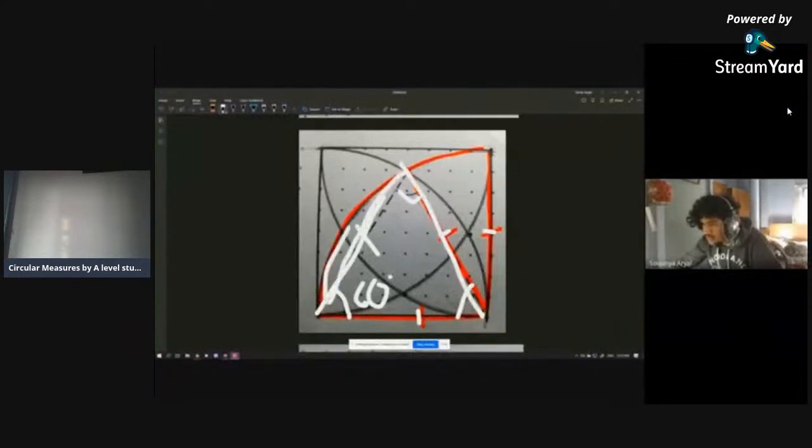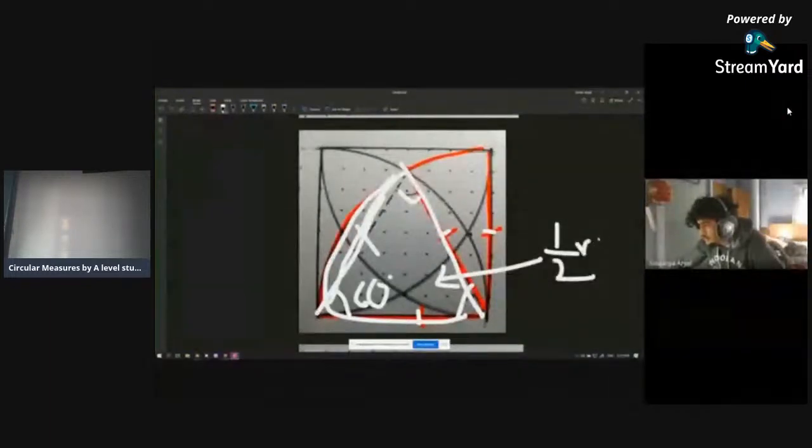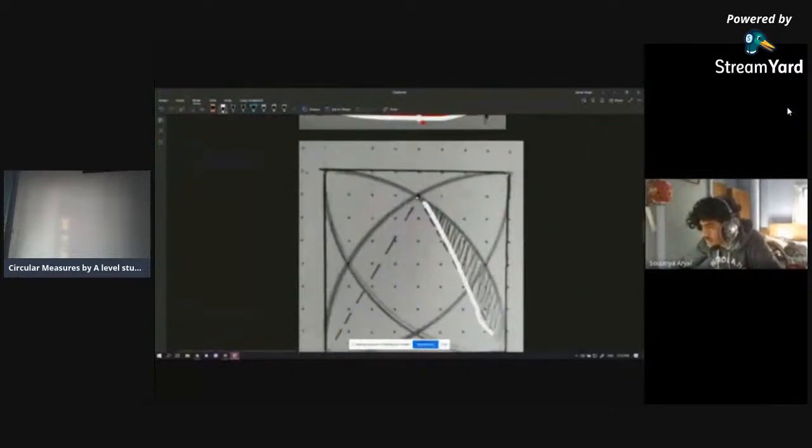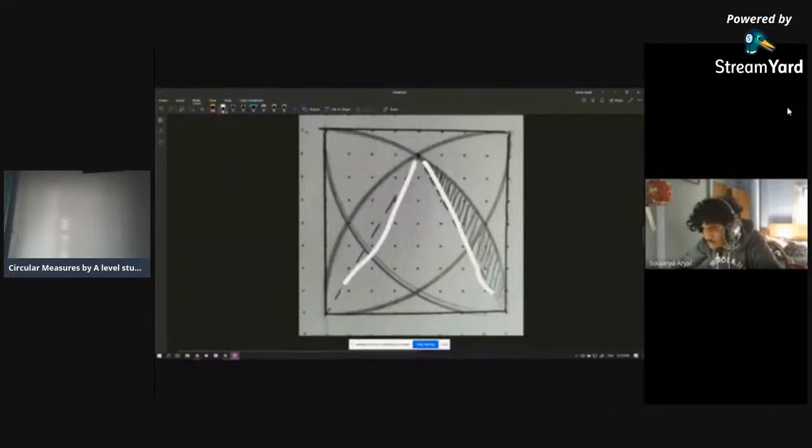The area of this small sector will be half times radius times radius times theta, where theta is 60 degrees, which is pi by 3 in radians. So we have the area of this sector, right?